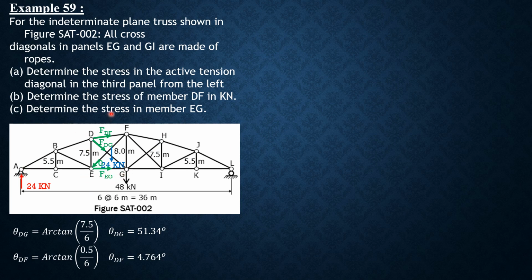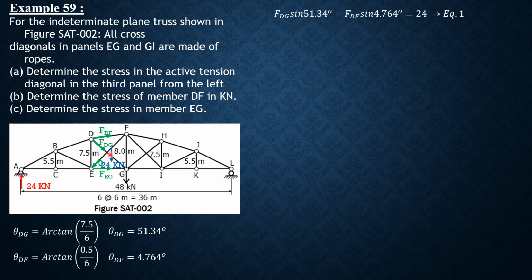Imagine that it is cut in this panel, so FEG times 7.5 equals 24 times 12. That would be the equation. So the first equation is FDG sine of 51.34 degrees minus FDF sine of 4.764 degrees equals 24.